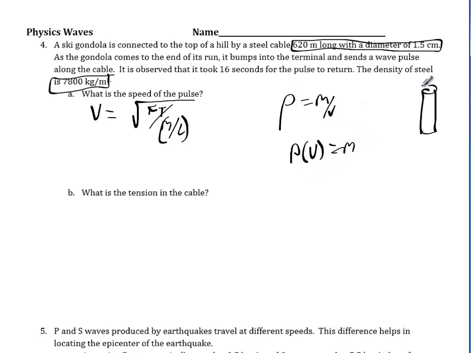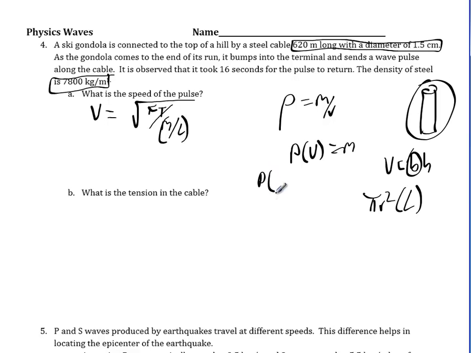Well, I want to show you something. The volume of a cylinder is base times height, right? V equals base times height. Well, the base is the circle, so its base is pi times the radius squared, and its height is however long it is, L. So what I have over here is the density times pi times the radius squared.